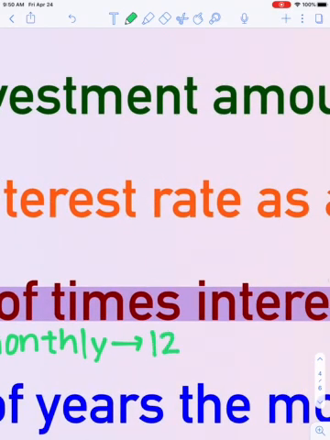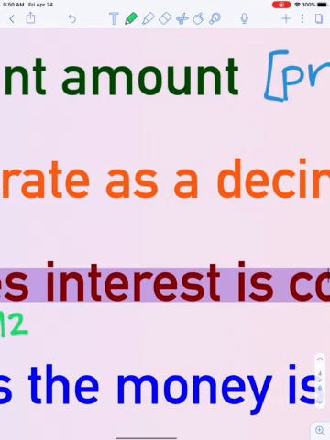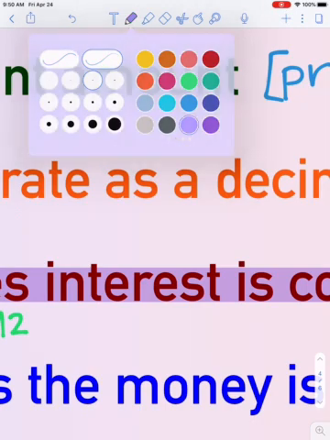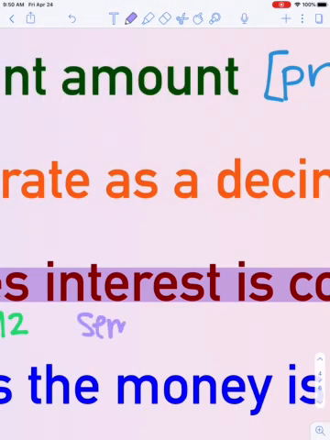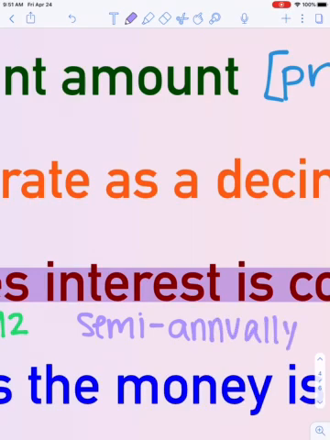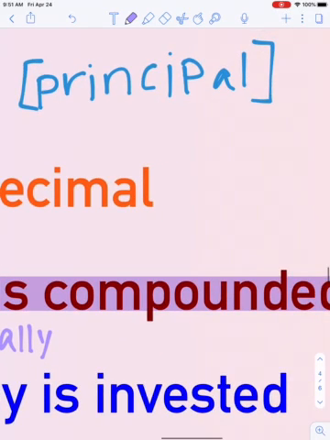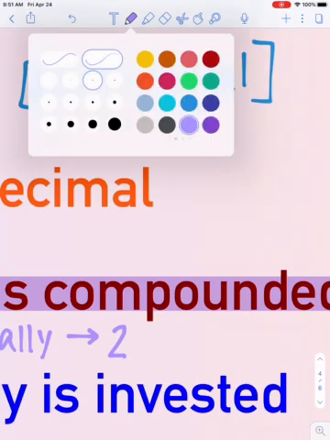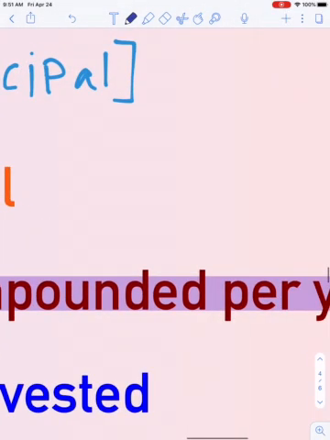Something is compounded monthly, then there are 12 months in a year, so your N would be 12. If it's compounded, this one's a tricky one, semi-annually, okay, semi-annually is... What's a semicircle? Semicircle is a half circle, so how many half circles does it take to make a whole? 2. So semi-annually is twice a year.